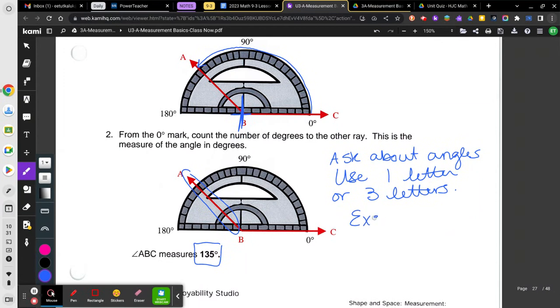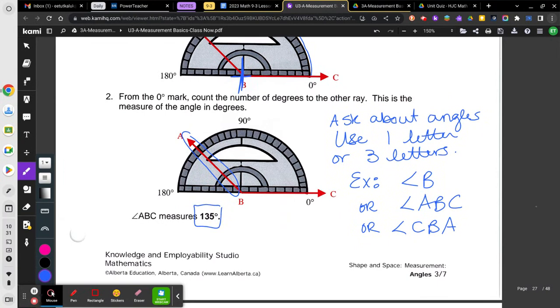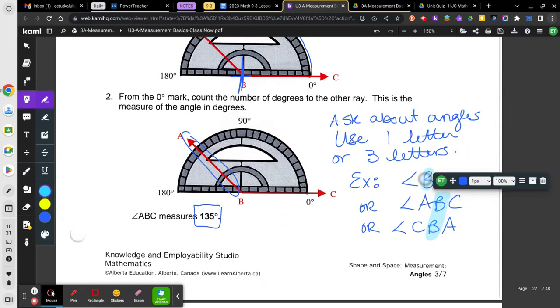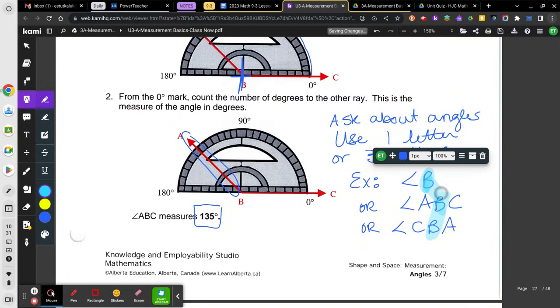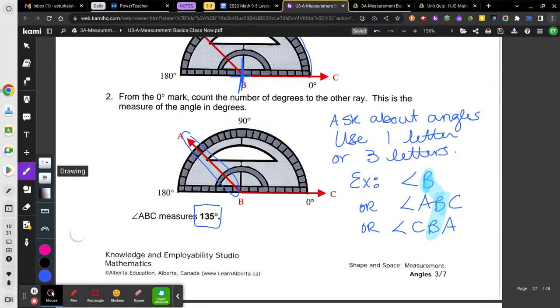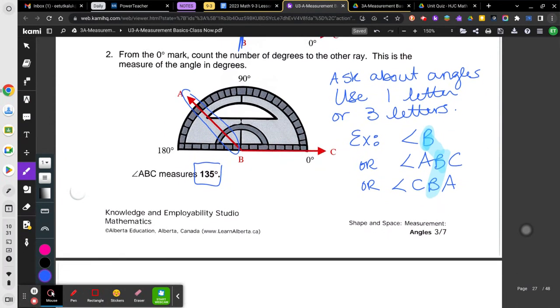Example, angle B or angle ABC or angle CBA. If you use 3 letters, they want the one in the middle. It's the same as what this guy is. So whenever they're writing 3 letters for an angle, they want the one in the middle. So that's how we figure out which angle we're trying to create here.